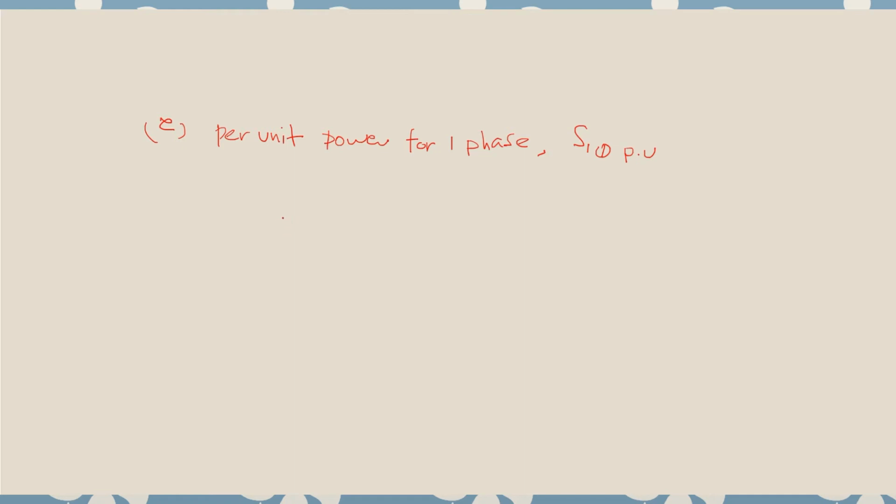In order to calculate the power for single phase per unit, you need to know the power for single phase actual divided by the power for single phase base. But you are not given these two, the S for single phase actual and S for single phase base, so you have to calculate them.